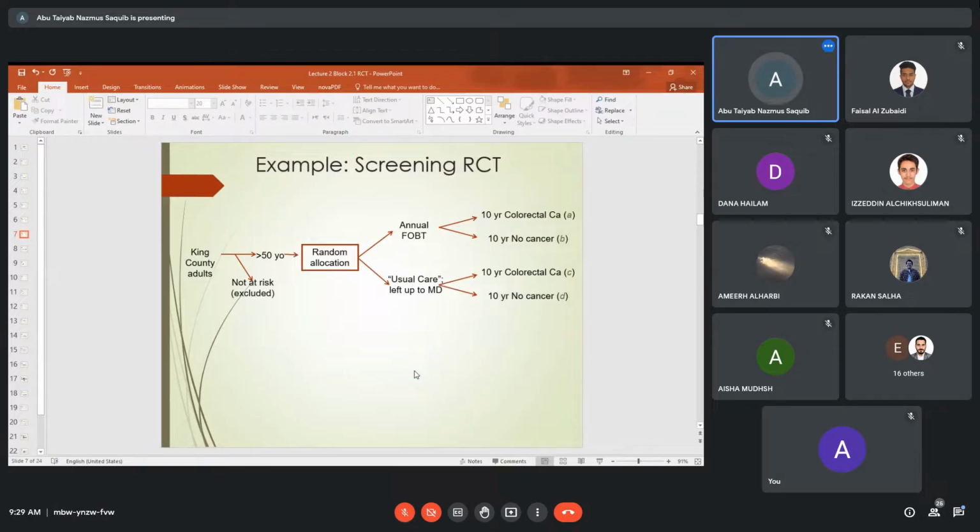Although they have higher colorectal cancer, most of them will be early stage, very early stage, and therefore you can do the intervention. You can resect that part of the colon or rectum, and you can give them chemotherapy and radiotherapy, and you can expect that they will get better. But in the usual care group, although they have less colorectal cancer, many of them will be end stage colorectal cancer.